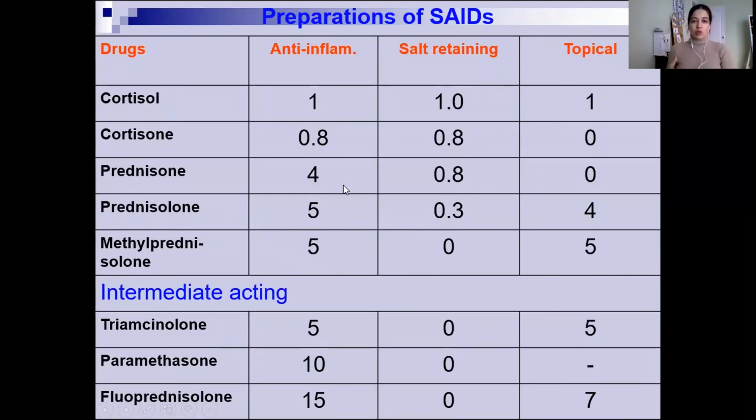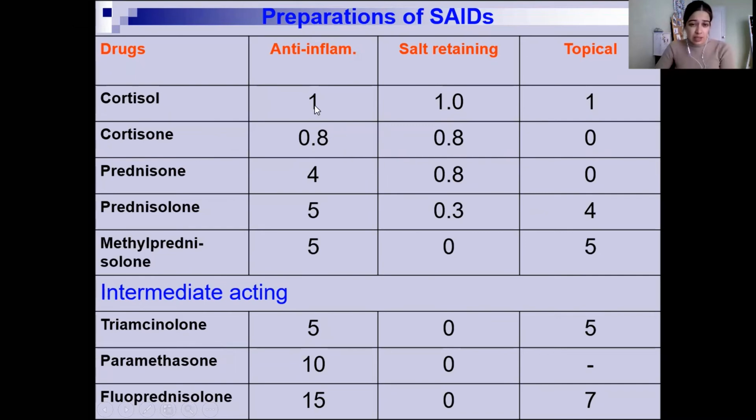Here is the table of steroids in comparison. If we take cortisol, our natural hormone from the human body, and take its rate of anti-inflammatory activity as 1, the rest of the drugs are stronger or weaker than this one.